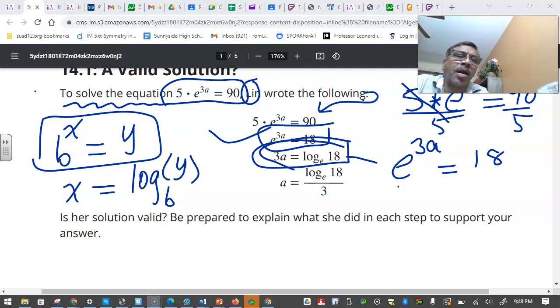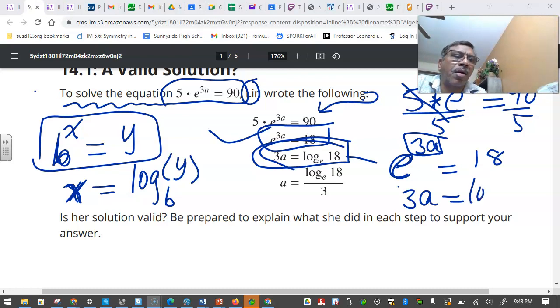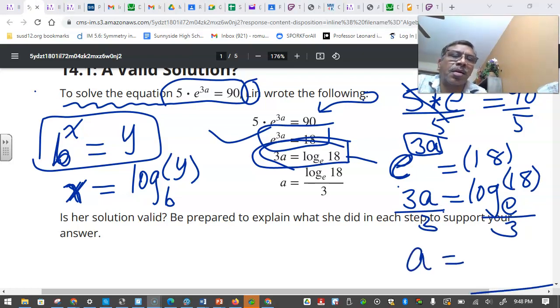So she's doing it the right way, except that instead of b, she uses e. The exponent in this case is 3a, so 3a is the logarithm to the base e of this number 18. And she's absolutely correct, right? Finally she divides this whole thing by 3, and she gets a equals this answer, which is absolutely right.